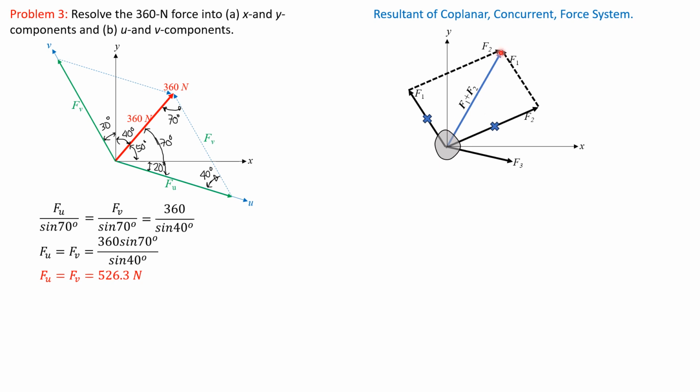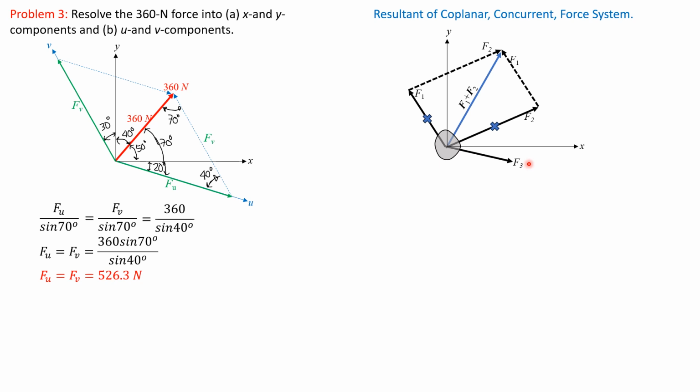The magnitude of this is found just like before: you consider a triangle, then apply sine law or cosine law, then we can find the magnitude of F1 plus F2, and the direction is the angle that it forms with the x-axis. So the three forces are now reduced to two forces, F1 plus F2, the vector sum, a single force which represents F1 and F2, and F3.